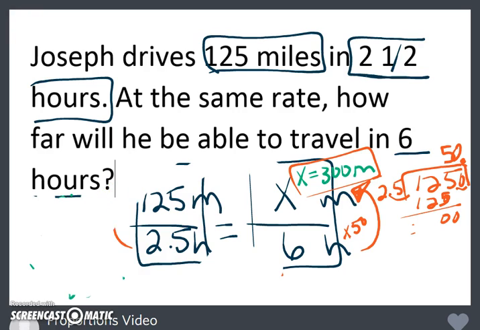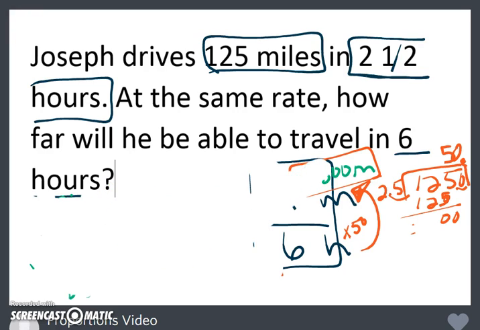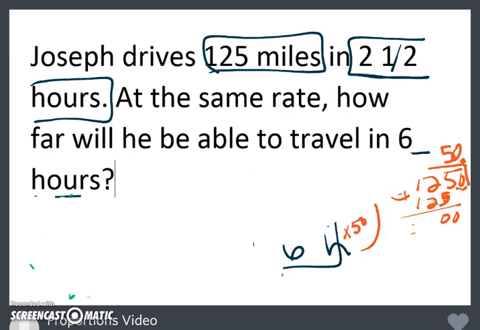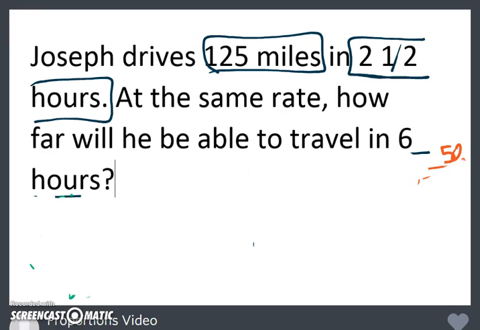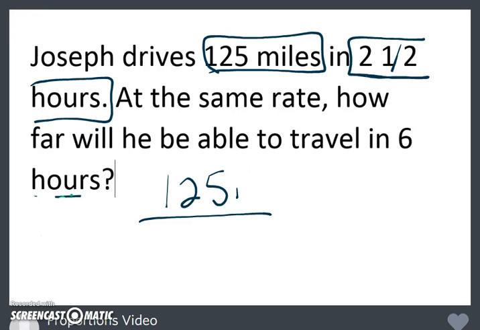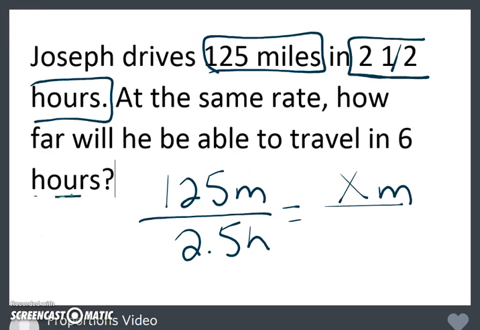Okay, and if neither one of those works out nicely for you, the last method that you should use is cross multiply and divide. Cross multiply and divide is something that you've seen before. 125 miles in 2.5 hours equals x number of miles over 6 hours.